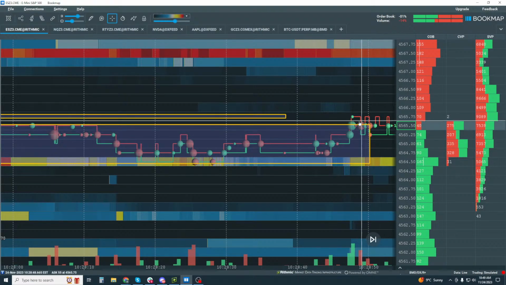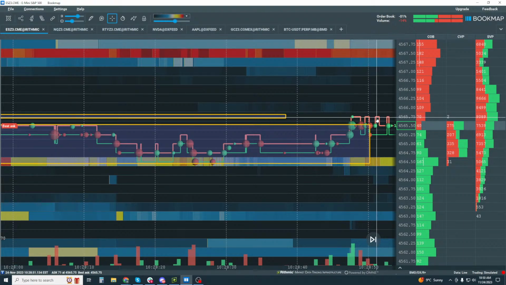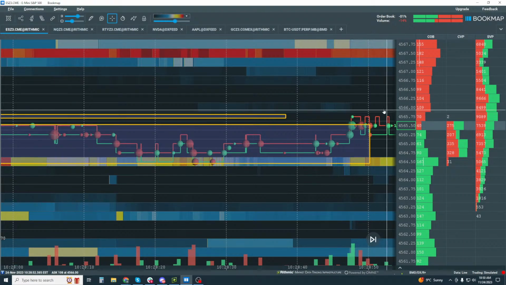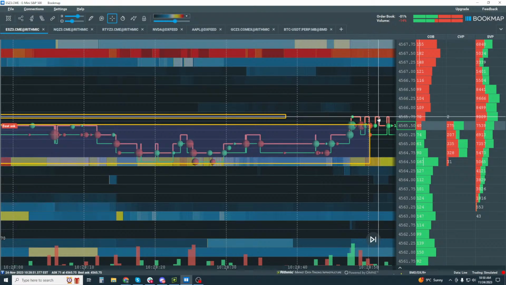The last transaction was here, and it was a little 2-lot up here. And that's it. So it is exhausting out. It is telling us at this time that there is no market here. There's no one willing to transact up here. The best offer is up here. If you want to be a buyer, this is where you've got to transact at this price level.